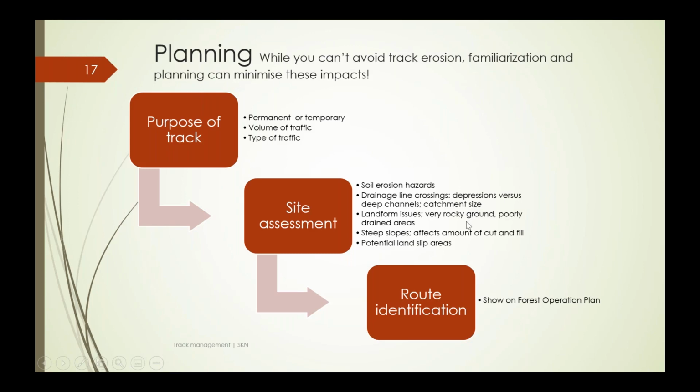Any landform issues where you have very rocky ground, where you have your poorly drained areas, and then also steep slopes. The steep slopes particularly are a problem because as slope increases, the amount of cut and fill increase, and this increases the erosion hazard and also the landslip hazard.